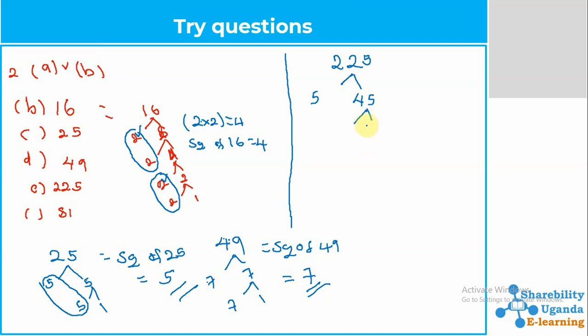Okay, so we have our 45. When you divide it by 5, it is giving us 9. So we still divide now by 3, get 3. Then here we can still divide this by 3, we get 1.